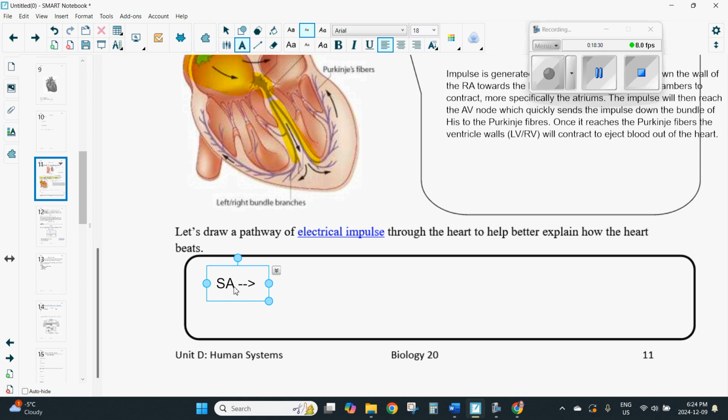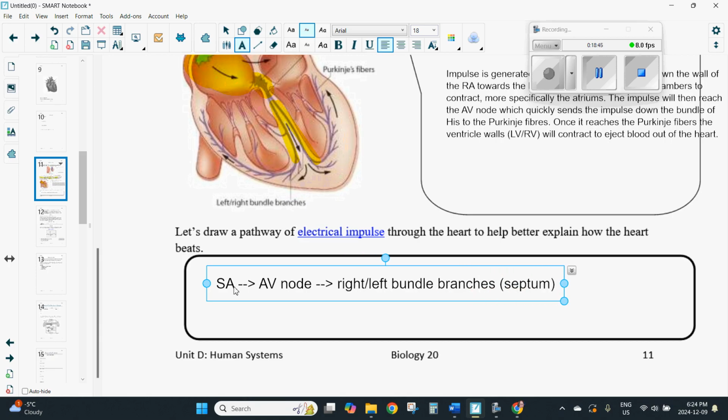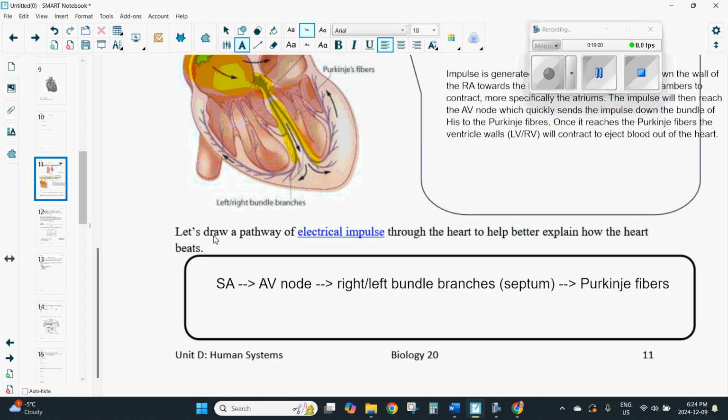It will travel towards the AV node, then down the right and left bundle branches, which are located in the septum. Then it will move through to the sides of the ventricles, which we call our Purkinje fibers. Okay.